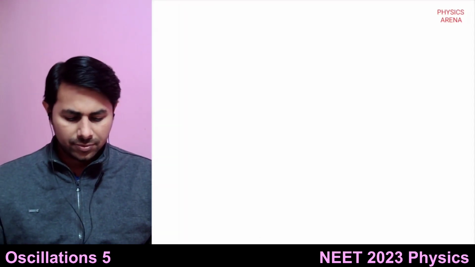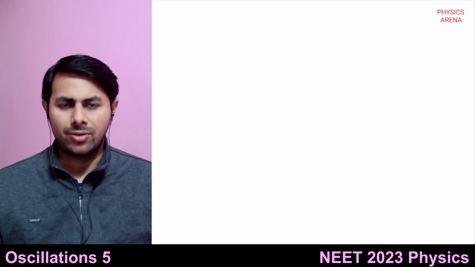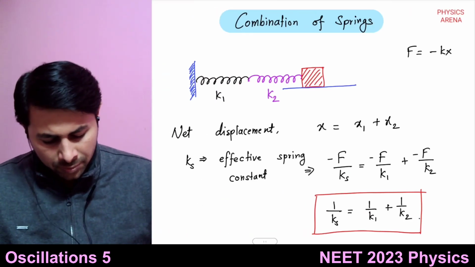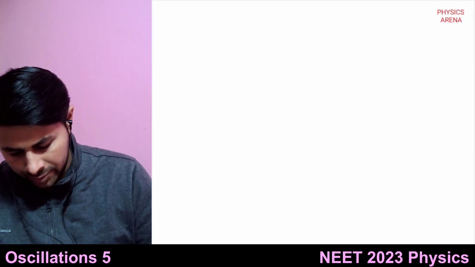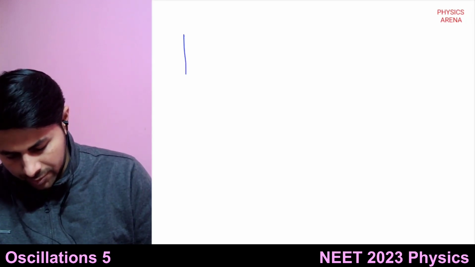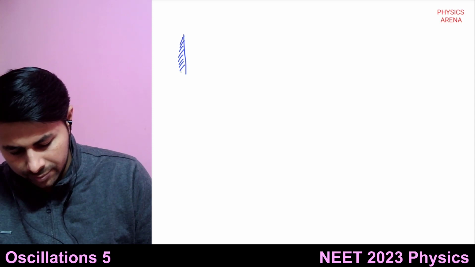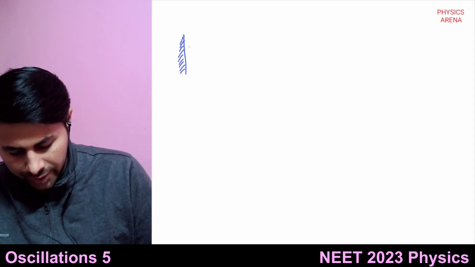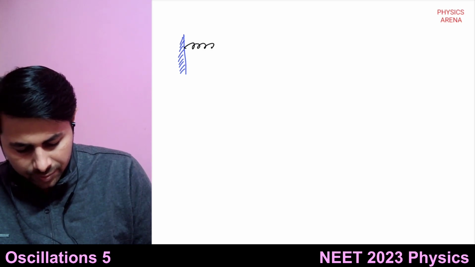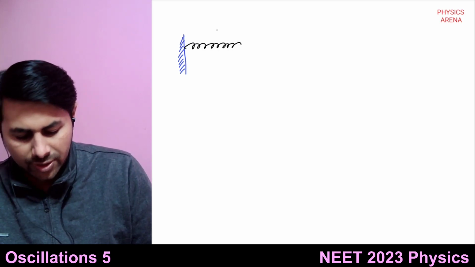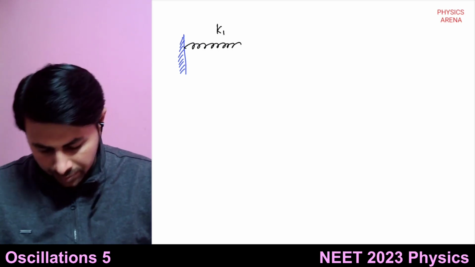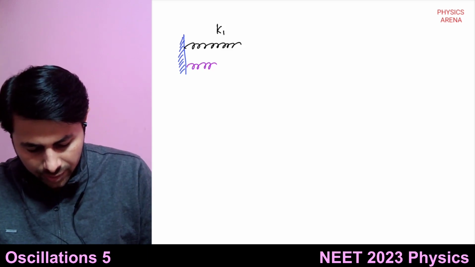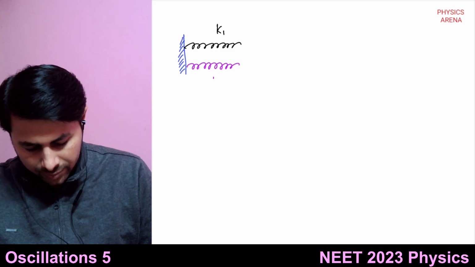Then next, let's talk about parallel combination. Suppose this is the rigid support and you have got two springs: the first one with spring constant K1 as before, and the second one with spring constant K2.